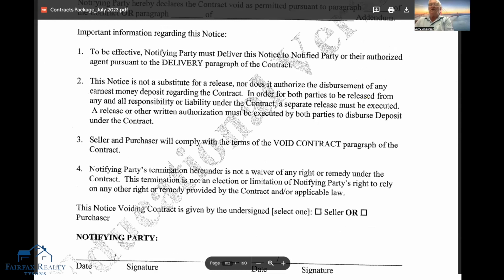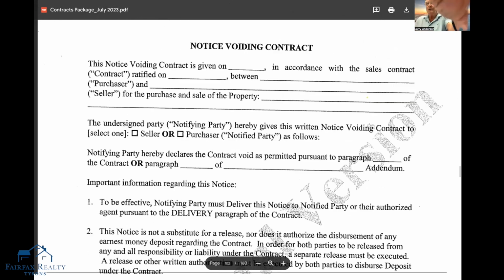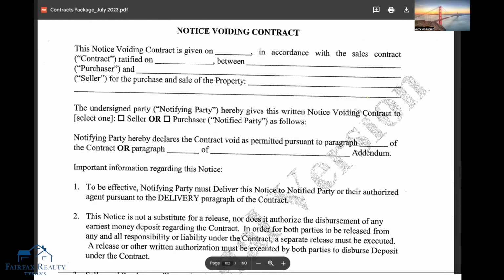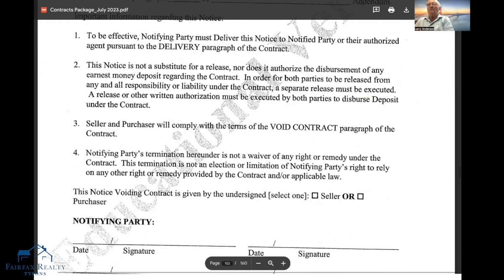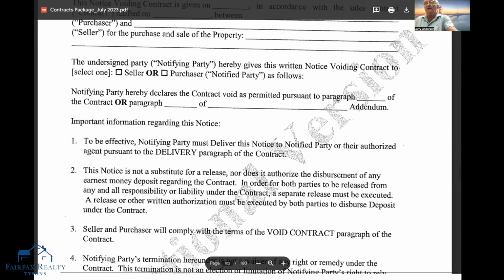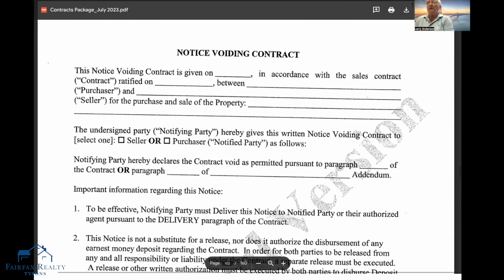So if you just attach your home inspection addendum to the addendum for release of a contract, you have not sent the notifying party a notice to void the contract. They don't have to let the buyer out. You've got to get it right. You need to send both forms. You need to send this notice voiding the contract and the addendum for release of the contract, which I will show you when we go back to the front of the package.